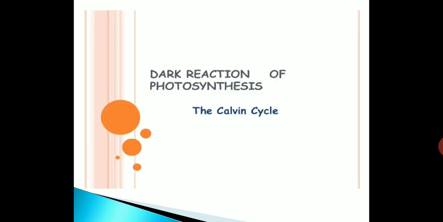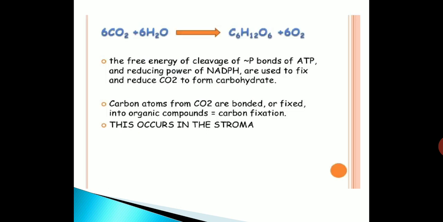Now we come to the dark reaction of the photosynthesis or the Calvin cycle. The overall reaction is 6CO2 plus 6H2O gives rise to C6H12O6 plus 6O2. The free energy of the cleavage of phosphate bonds of ATP and reducing power of NADPH are used to fix and reduce carbon dioxide to form carbohydrate.